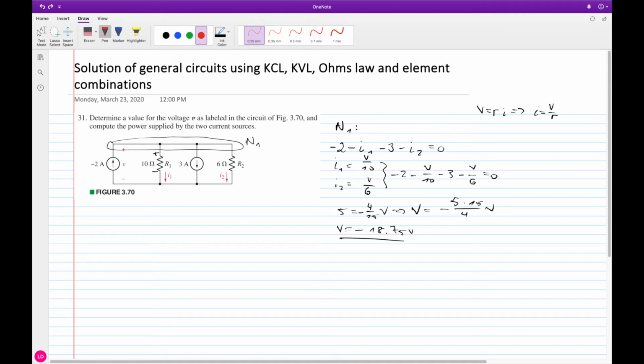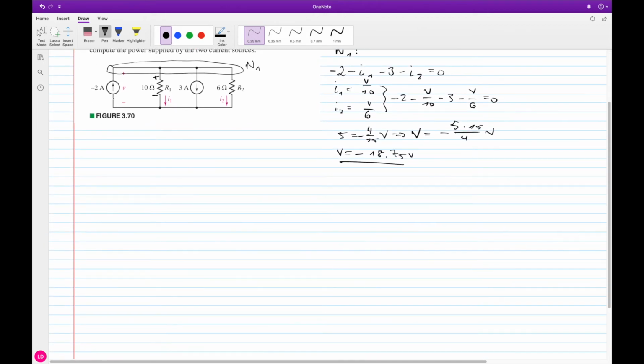Now we're going to get the power supplied, and this is going to be an easy task, but it does deserve some explanation. So let's just tackle this -2 amp current supply. Let me draw it right here. This is -2 amps, and we have here our V. Again, don't be afraid of this negative sign.